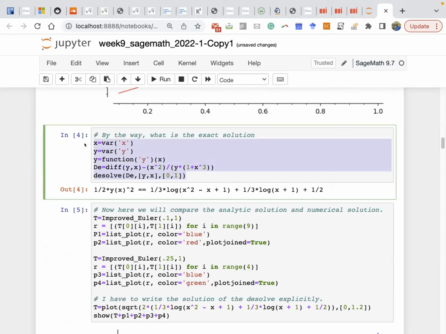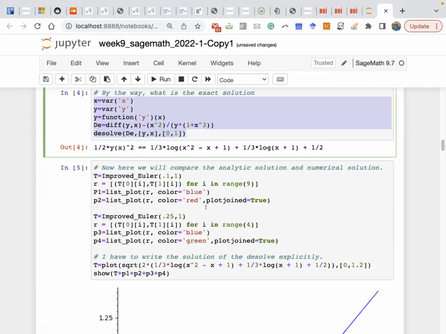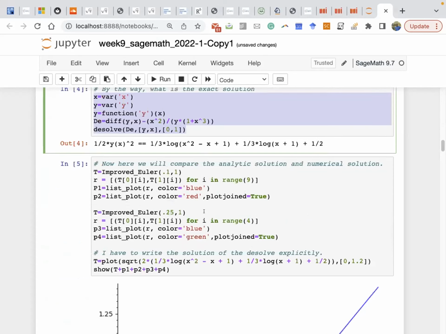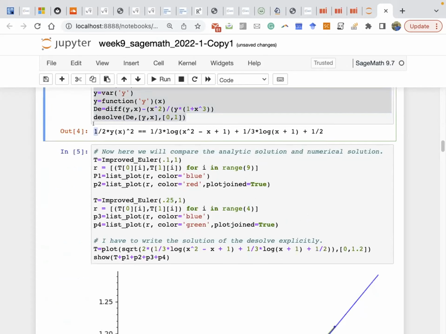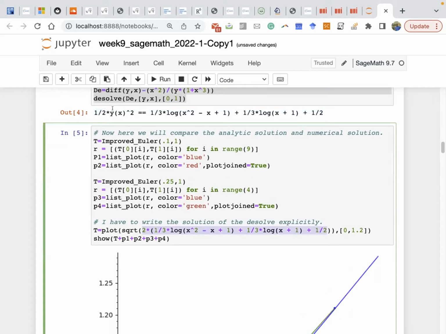So that ODE is written here. We can solve it analytically. So analytically, after solving, I will get this guy. I don't want to simplify it. I don't have time. So what I do is this. I multiply everything by 2, which I did here. Then it has y squared.